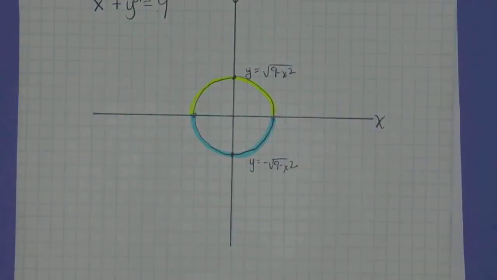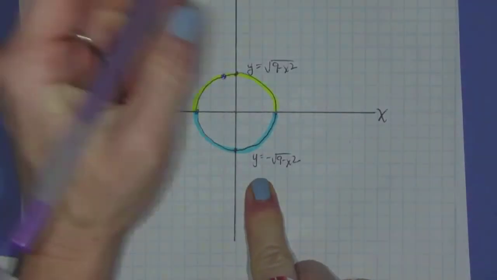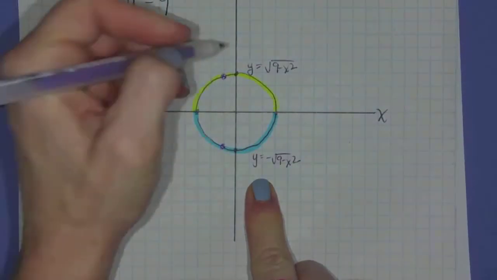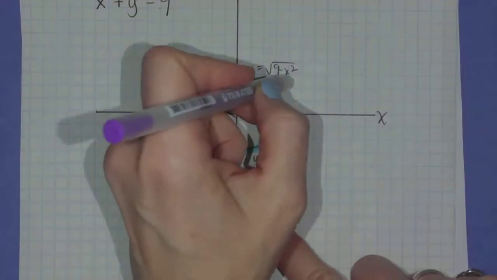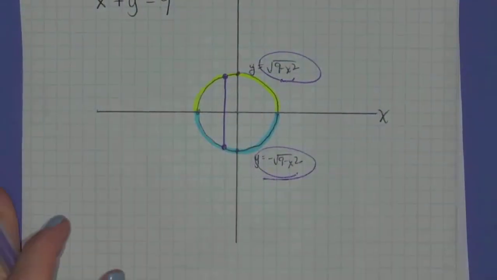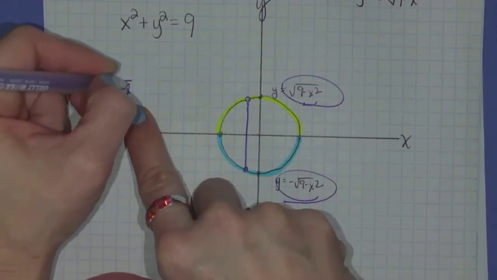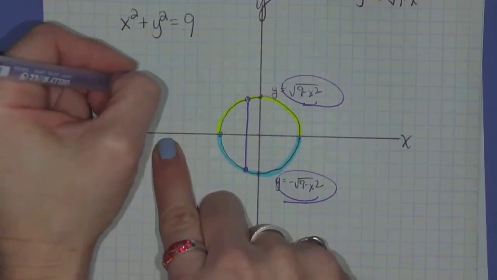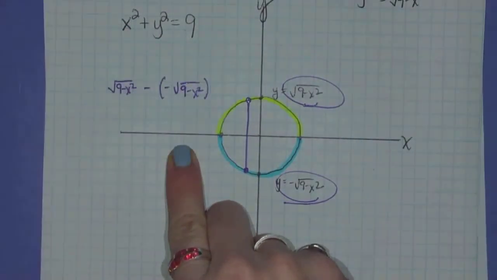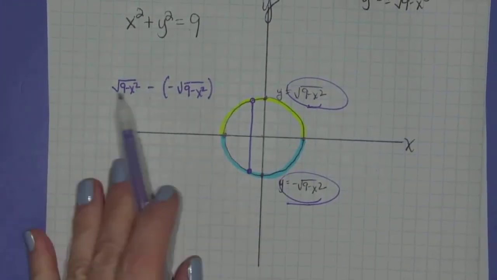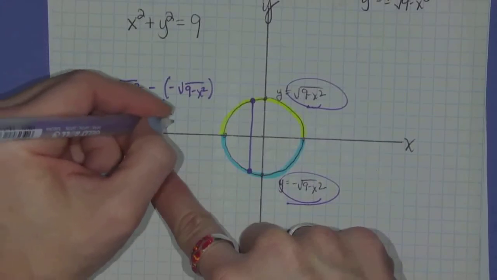So I want to establish right now that the distance from any point up here to any point down here on the blue is going to be given by the top minus the bottom. If I take the square root of 9 minus x squared minus the negative square root of 9 minus x squared, the double negative adds together, and I get 2 of these root 9 minus x squareds.